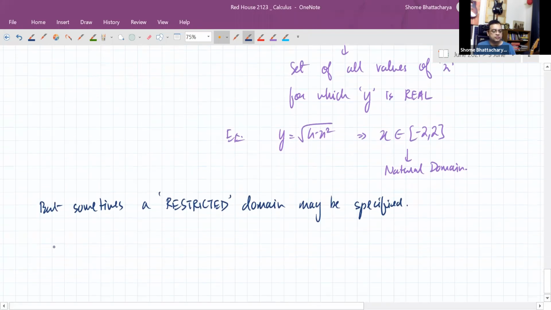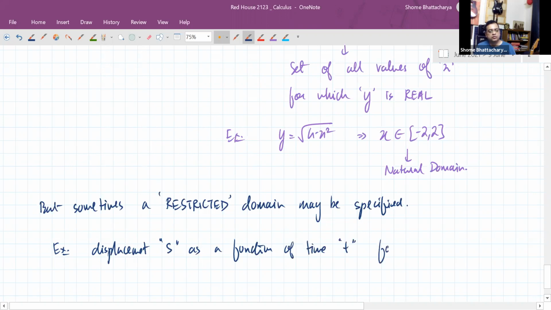So for example, we are defining displacement S as a function of time, for a motion starting at t equal to 0 and ending at, let's say, t equal to 10 seconds.